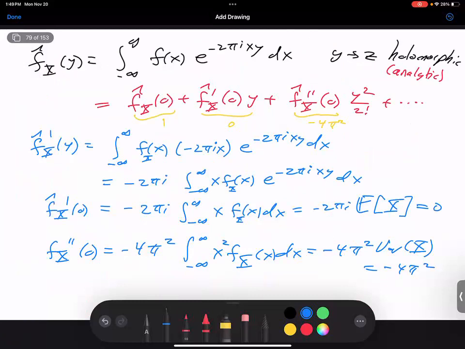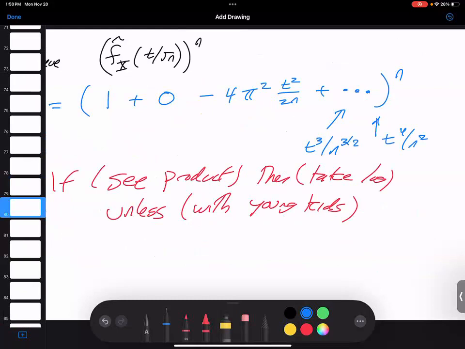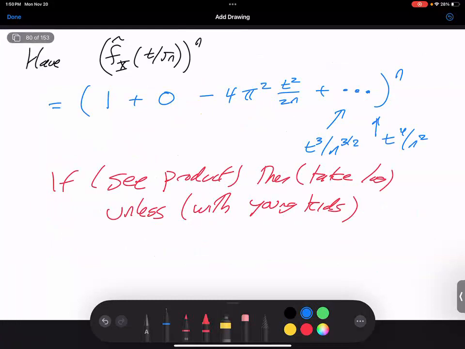And so I think that is supposed to be a minus 4 pi squared. Technically, if we take the second derivative, we get another term because we have to take the derivative of x by the product rule, but does that? No, because we're taking the derivative with respect to y. Oh, we're taking the derivative with respect to y. That's why another factor of negative 2 pi i x comes down. And so that should be a negative 4 pi squared. Okay, so that's definitely a negative 4 pi squared. So we have a 1 minus u.